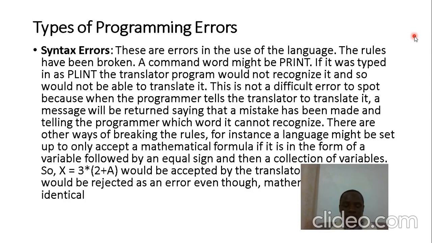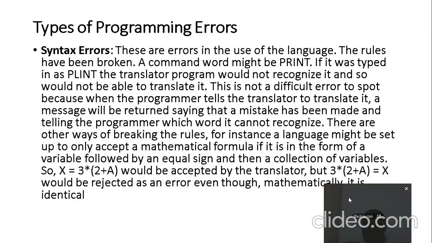All right, so we've looked at the three of them, and we are now looking at the types of programming errors. So we have a few errors. The first error type that we have is the syntax. Syntax, as in normal language, means the actual language. So, for example, here there's an example of the word print.